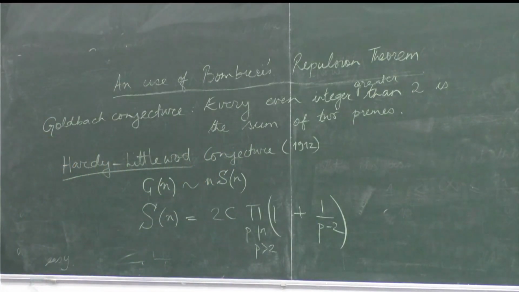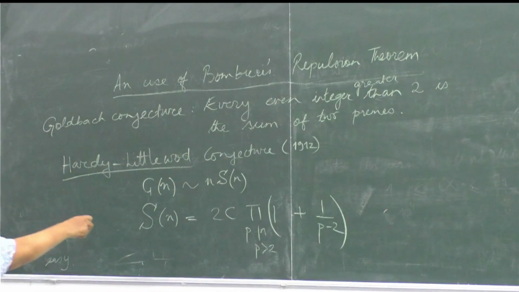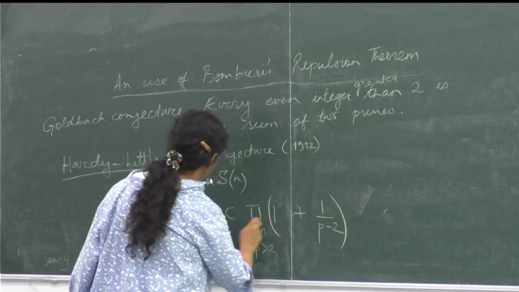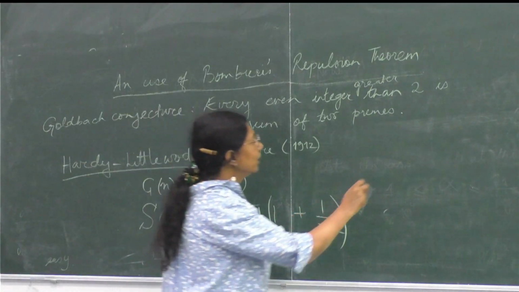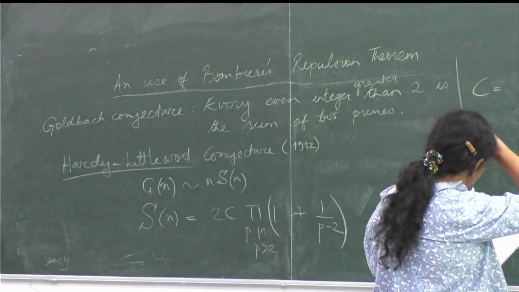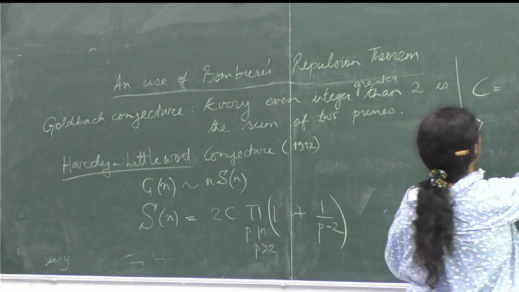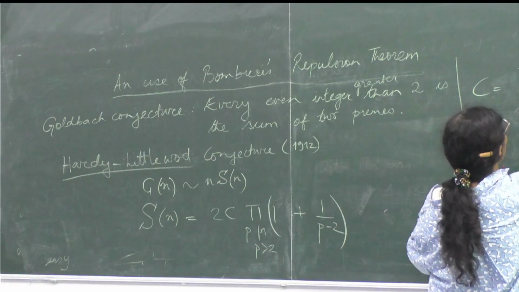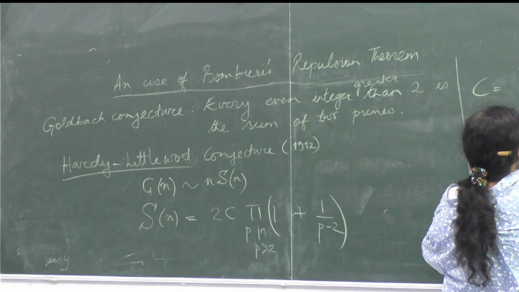This is a multiplicative function, and this c is a constant. It's equal to the product over p greater than 2 of 1 minus 1 upon (p minus 1) squared.